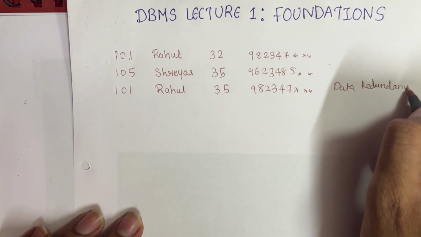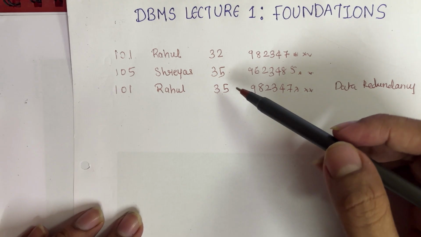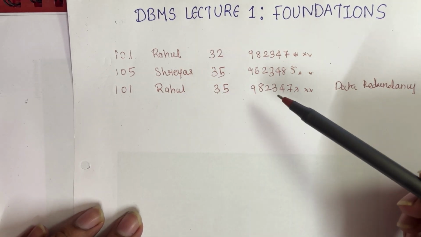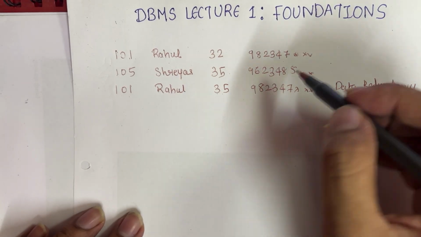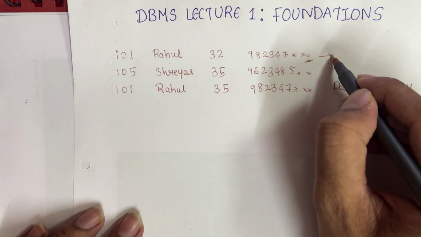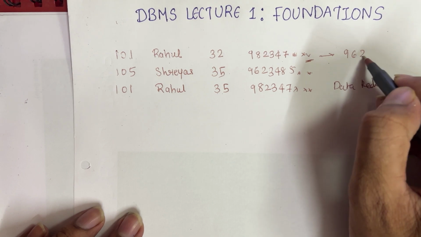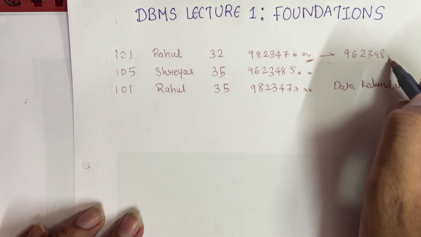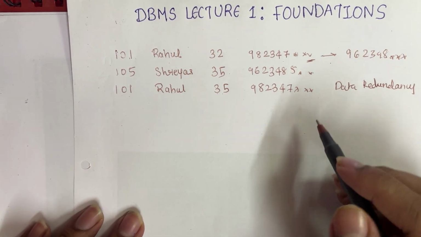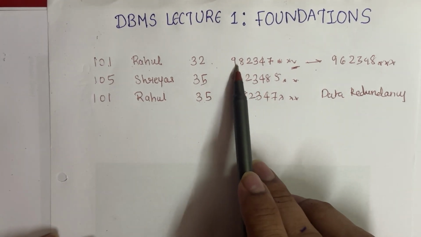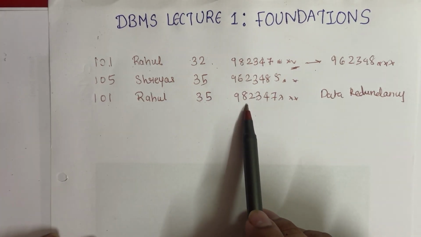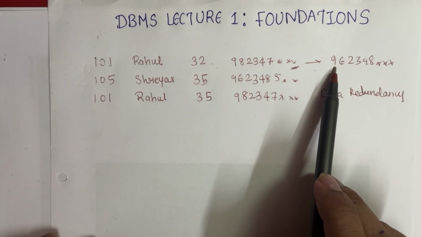Now, what do you mean by data redundancy? You have duplicate values over here. Now, what happens if Rahul changes his phone number someday to, let's suppose, a new number? What do you need to do? You need to ensure that all the consequent mobile numbers are updated with the recent one.